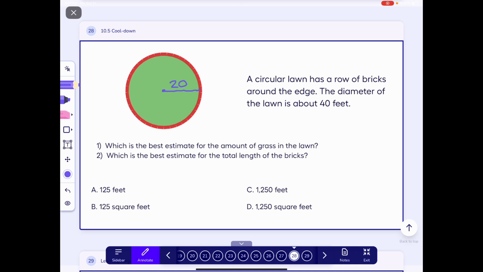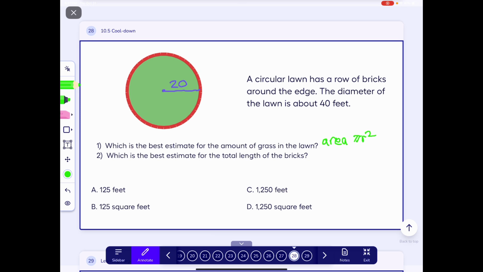So which is the best estimate for the amount of grass? Let's do green for grass. That's an area measurement. Area is pi r squared. In this case, 20 squared times pi.